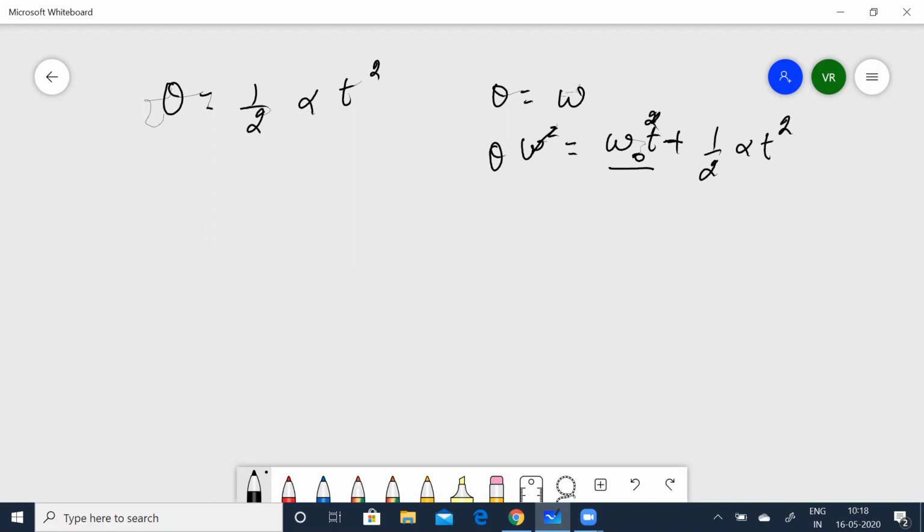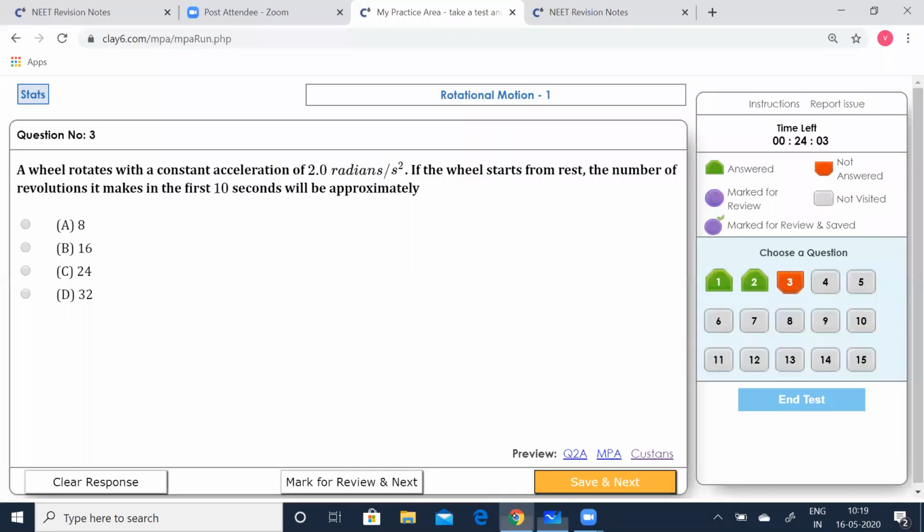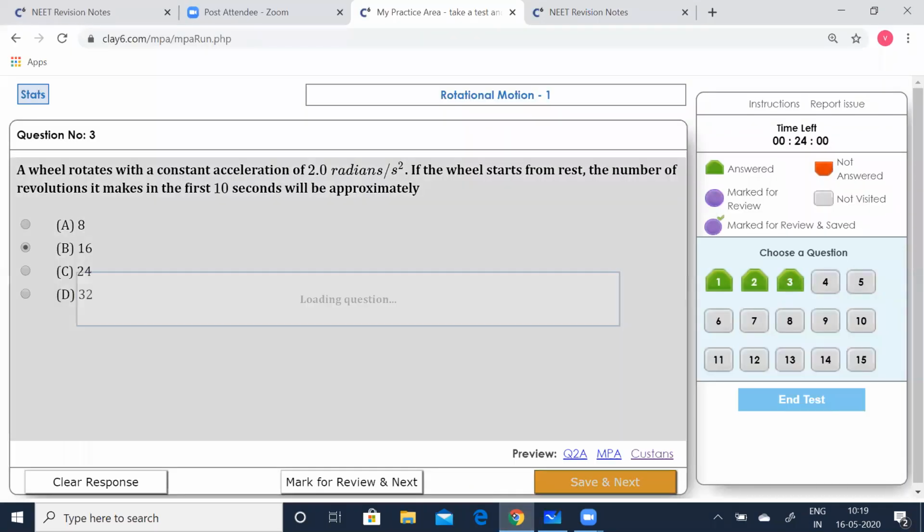So 2 pi n is equal to half into 2 into 100, since t squared is 100, where n stands for the number of revolutions. From this, n is equal to 100 by 2 pi, that gives you 50 by pi, which is approximately equal to 16 revolutions. Let's see which option is correct. 16 revolutions, option B is correct.